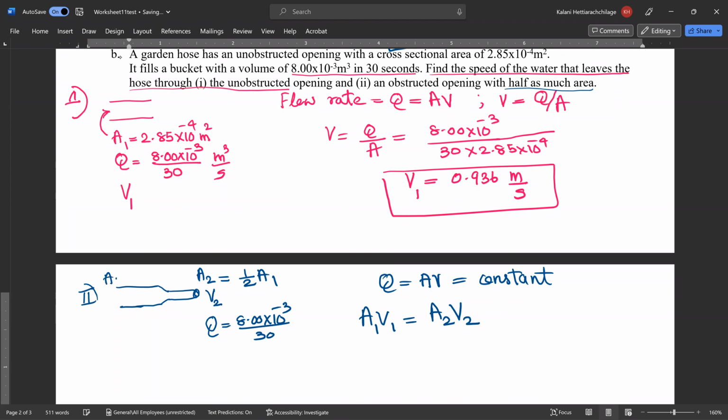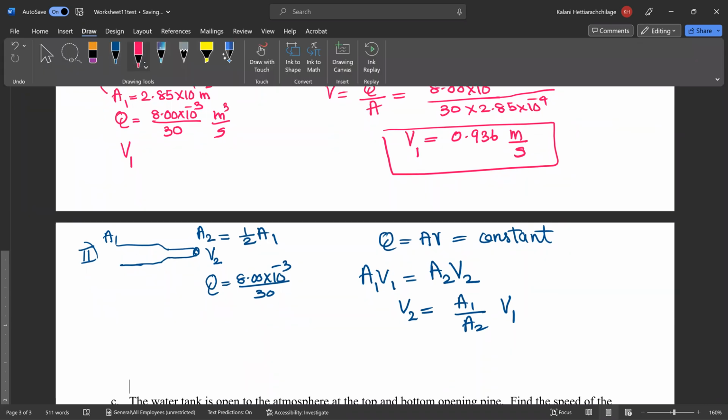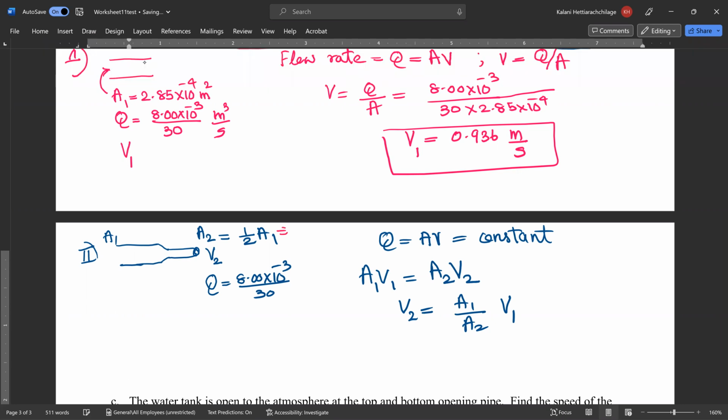This side is my A1 side. So I need to calculate V2, which will be A1 over A2 times V1. You can see very clearly that A1 divided by A2 is equal to 2.